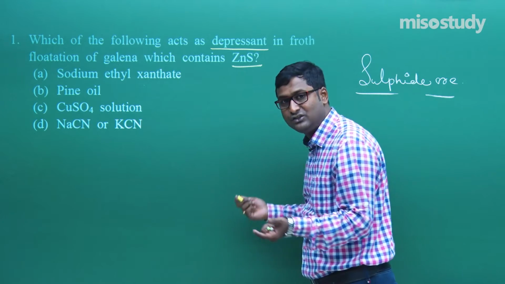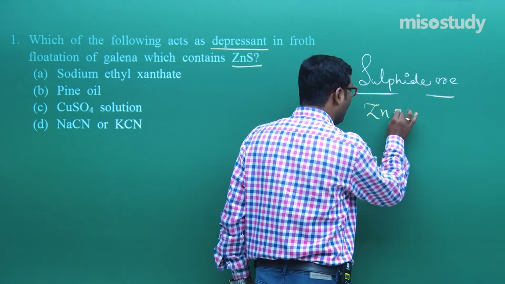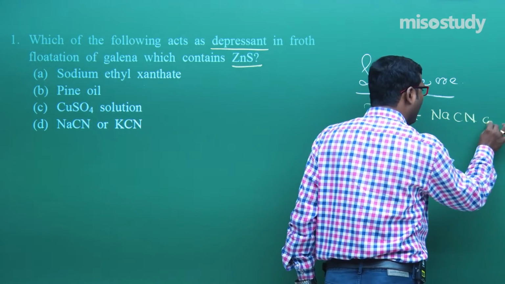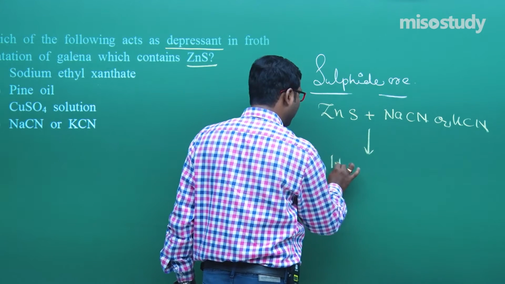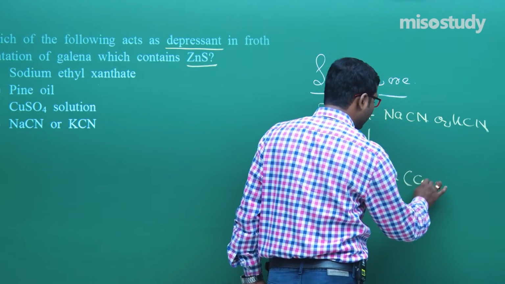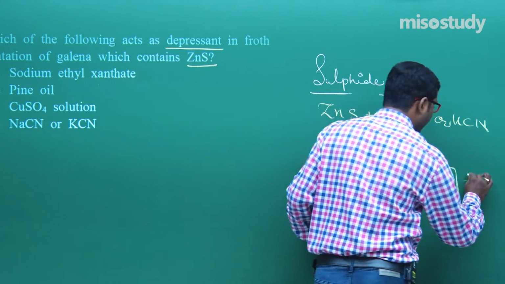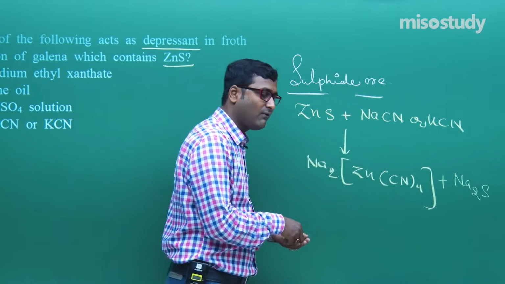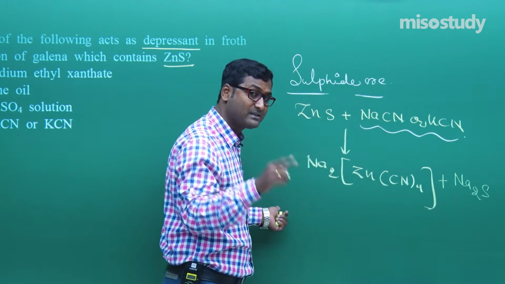As we know from the lecture, ZnS when treated with NaCN or KCN forms a complex, that is Na2[Zn(CN)4], and the other product is Na2S. Due to the formation of the complex, it acts as a depressant.